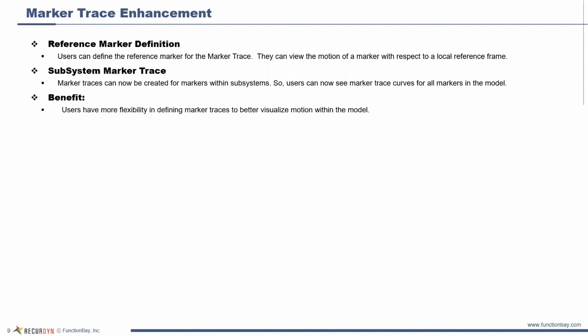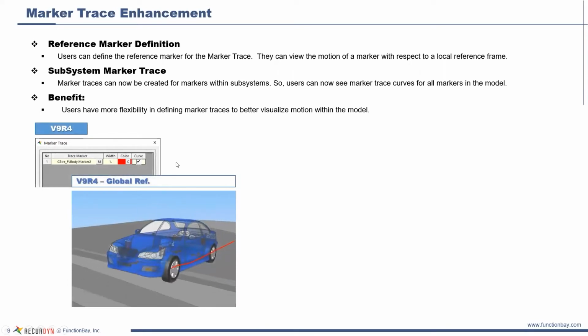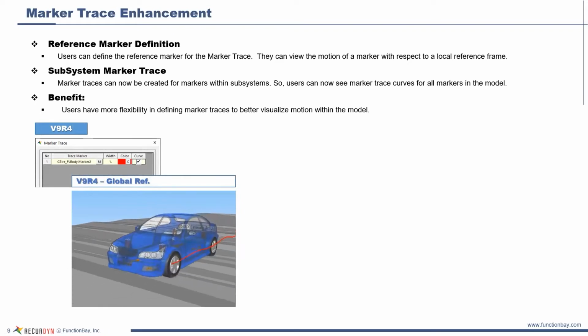And the enhancement here is that before, here's an example where we can see the path that the marker takes. However, it's with respect to the global reference frame. So because this marker is attached to one of the suspension components, we just basically see the long path that it takes across the terrain.